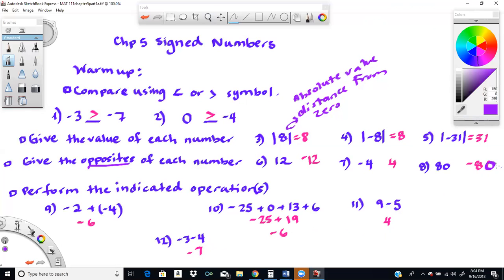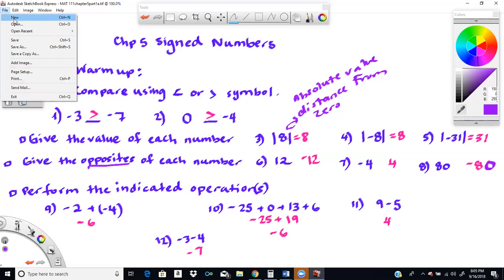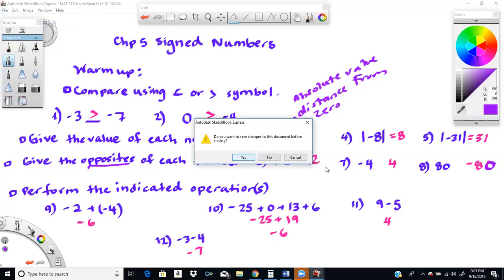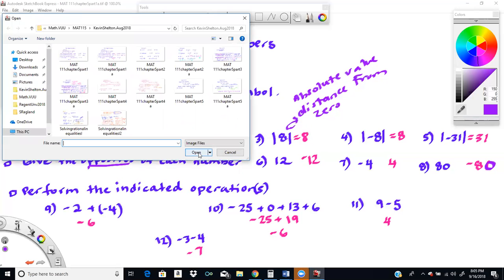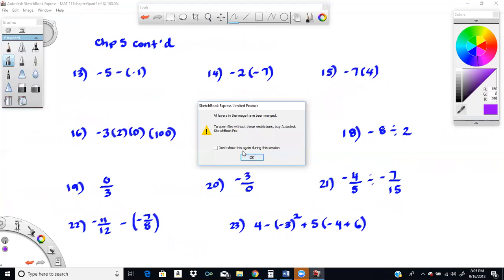So good. So comparing, dealing with the absolute value, doing the opposites, performing operations. Okay, so that's the beginning part. We're going to move to the next group. All right, so we'll do part 2.